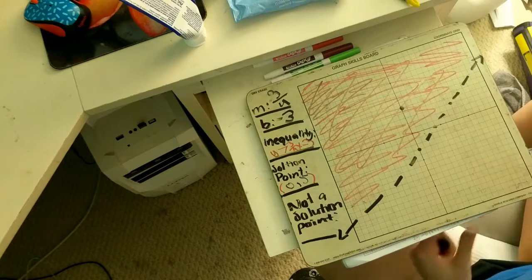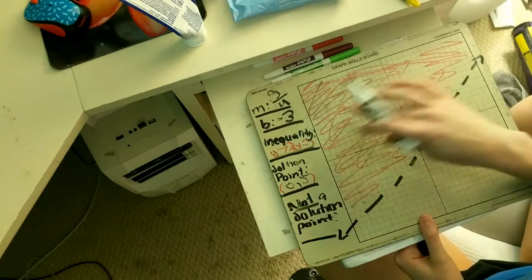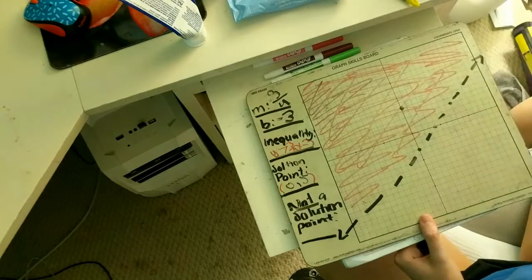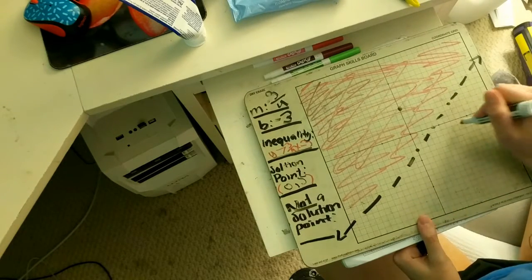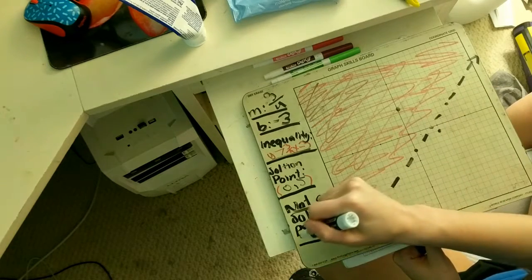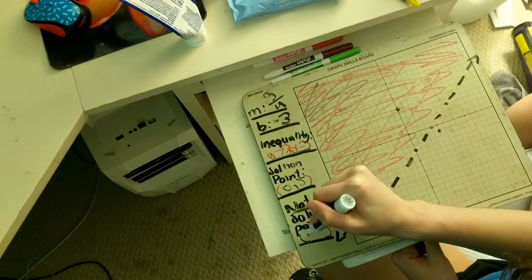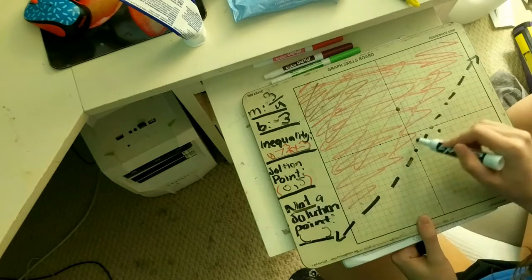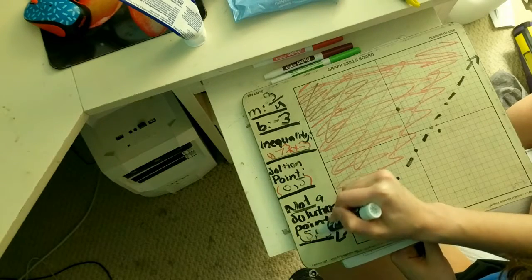However, something that is specifically not a solution point is what is not inside the shaded region. And that would be over here, which would be -5 and -1.